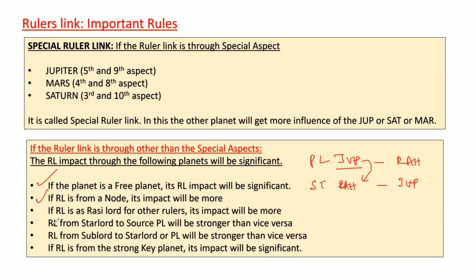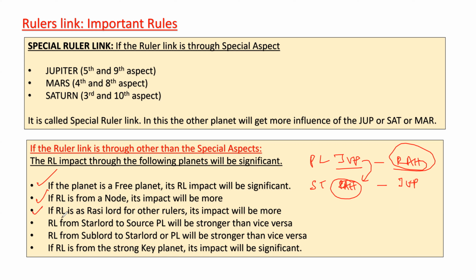That I have given in the next point: the ruler link from the star lord to the source planet will be stronger than vice versa, in general. But if that ruler link is from the node, the influence will be stronger than the other planet. That we know, nodes are stronger. So Jupiter will get the influence of Rahu stronger than Rahu gets from Jupiter. So if the node is giving the ruler link, that impact will be more.